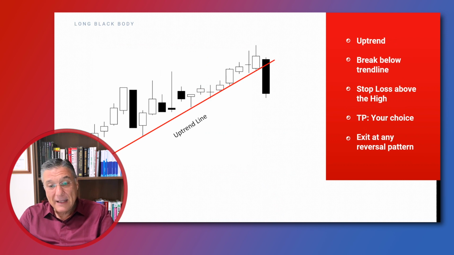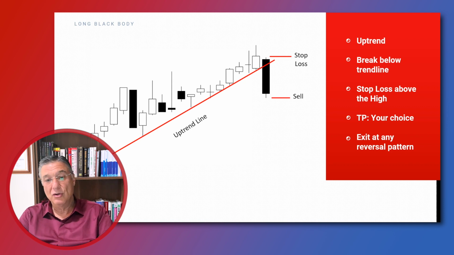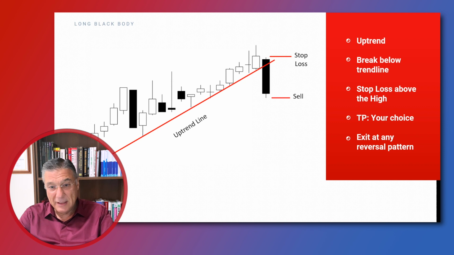And this is the case right here in this scenario on our screen, where after a beautiful rally, we see a long black body violating, breaching, penetrating the uptrend line and closing below it. Now, here is a good excuse to open a sell trade right below the low price of the long black body, and of course place a protective stop loss right above the high price of the long black body.